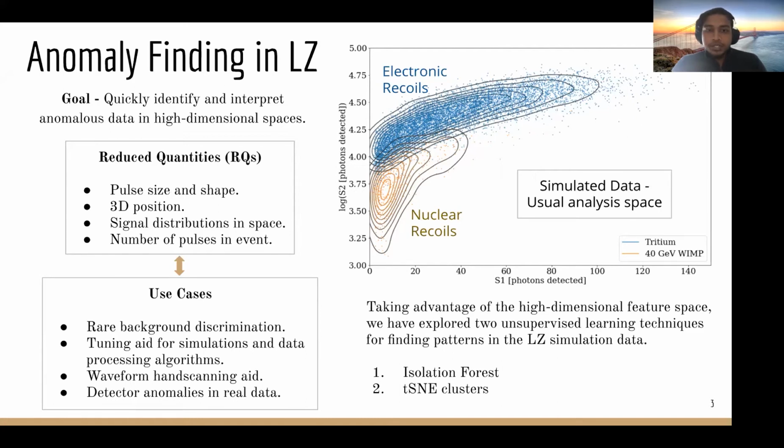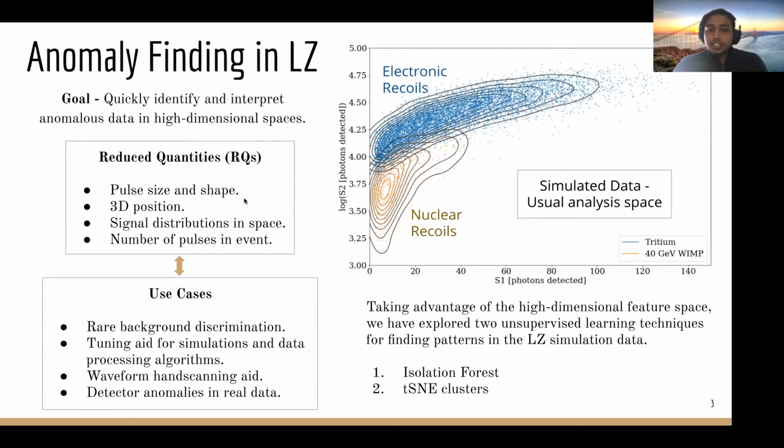There's good reason to believe that pulse shape encodes useful information about things like the nature of the interaction and sometimes even where in the detector the interaction happened. This is especially the case for liquid argon, where pulse shape discrimination is really useful for this kind of discrimination between ERs and NRs.